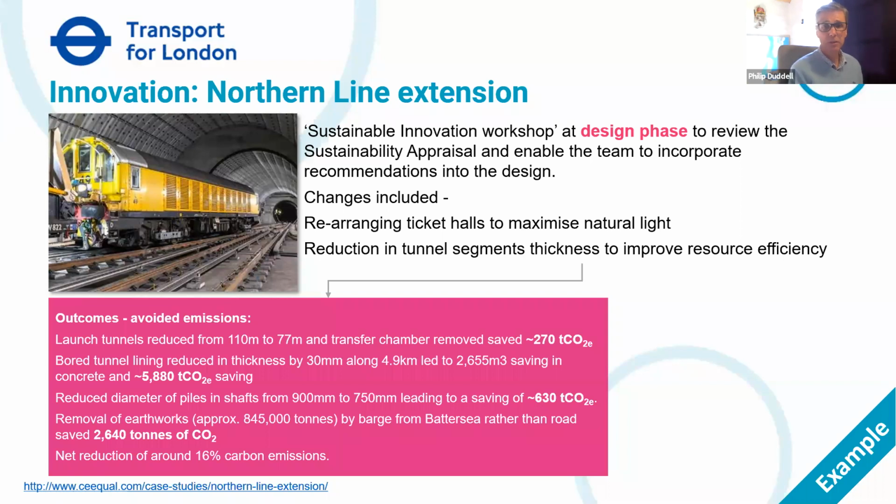So the amount of material reduced, resulting in significant thousands of tons of saving. So an overall about 60% carbon emissions reduction. Now that was only possible through that innovation workshop to try and work out what was possible, to have a grown-up dialogue again with internal and external stakeholders.